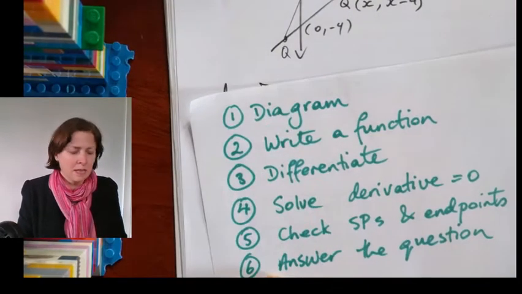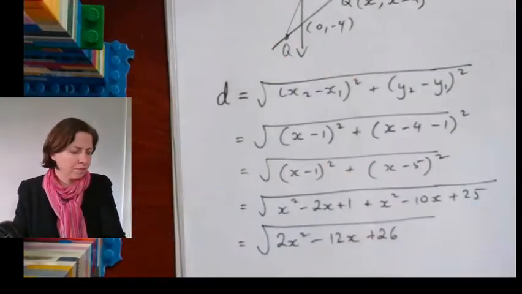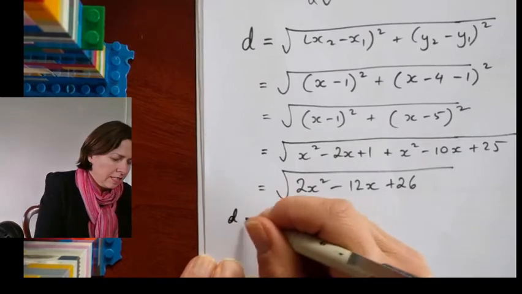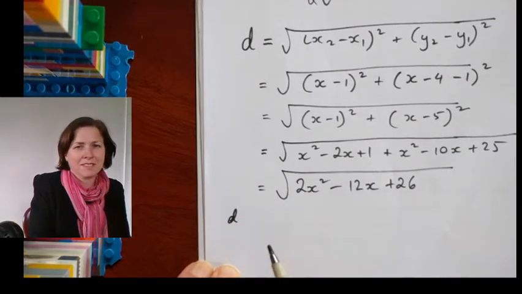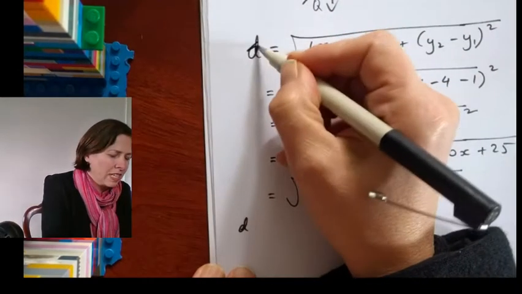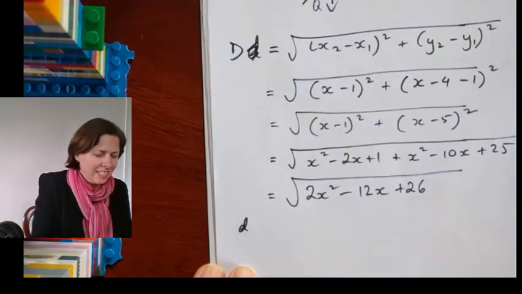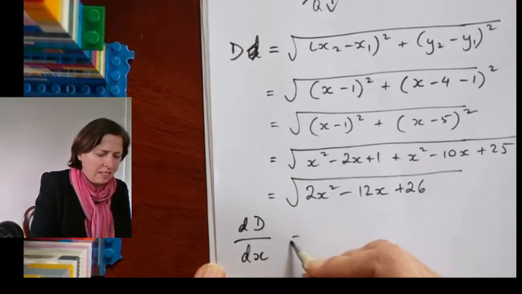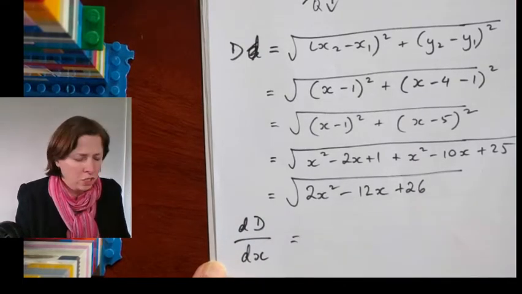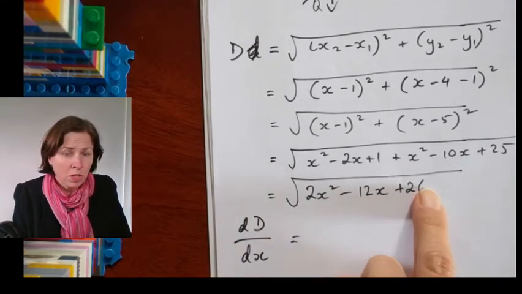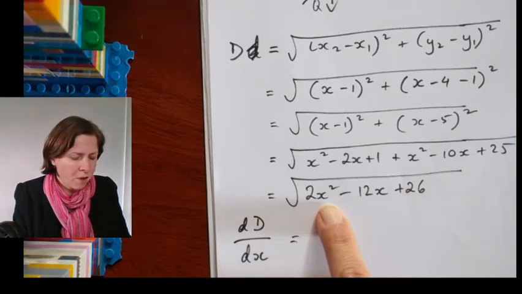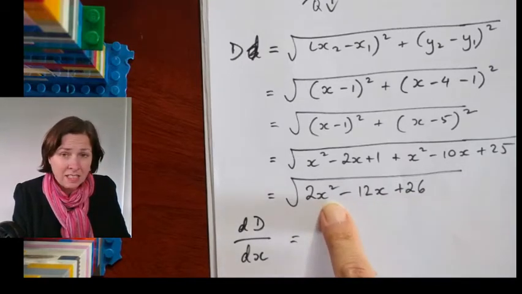So that brings me to step 3, differentiate. I need to find, let's call this capital D, dD/dx. Okay, I've got a composite function because it's the square root of a quadratic function. So I need to find the derivative of the inside function.